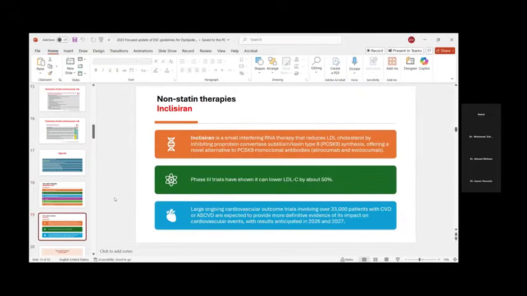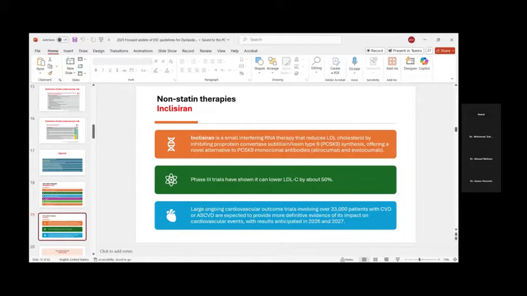The second one is inclisiran. Inclisiran is a small interfering RNA therapy that reduces the LDL cholesterol level by inhibition of PCSK9 synthesis, which offers a novel alternative to the famous PCSK9 monoclonal antibodies such as alirocumab and evolocumab. Phase 3 trials have shown that it can lower the LDL cholesterol level by about 50%.